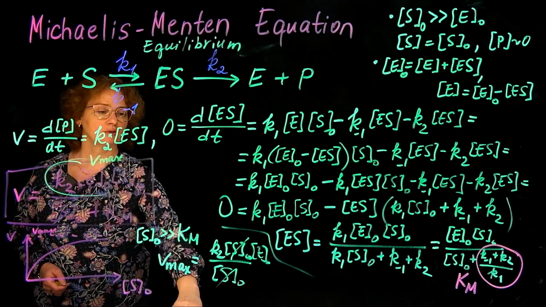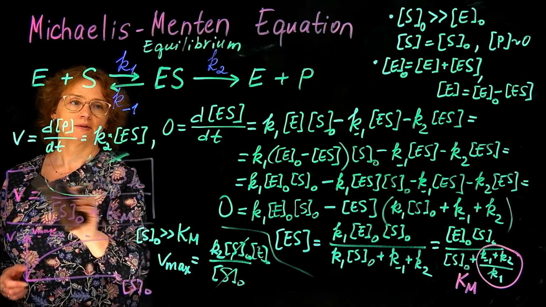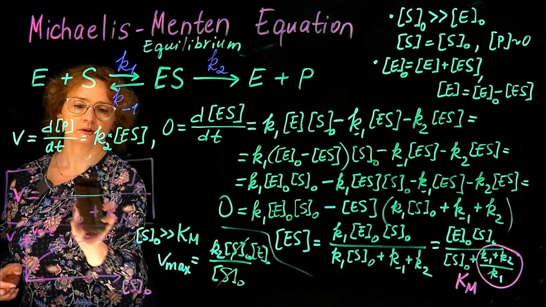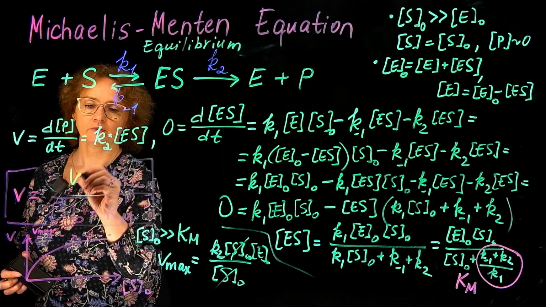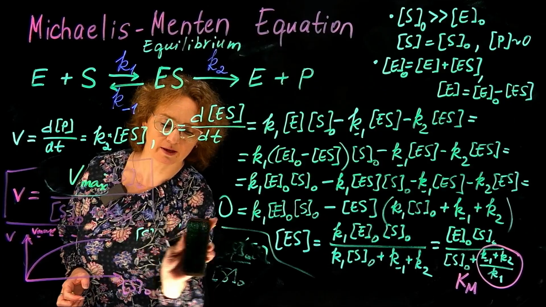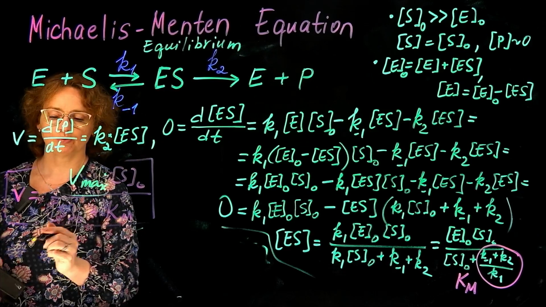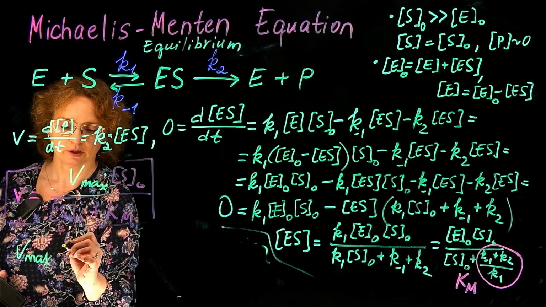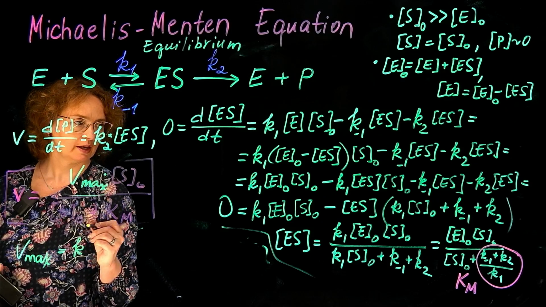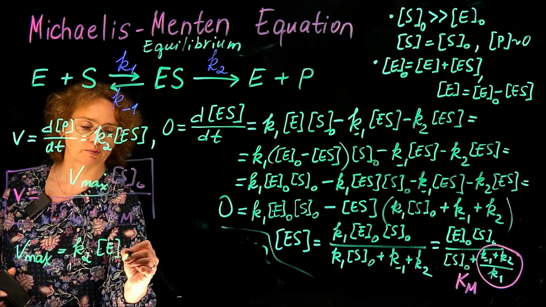So we can simplify this equation. I'm going to put here V max, and I'm going to say that V max is numerically equal to whatever I substituted here, K2 times the initial enzyme concentration. Okay?